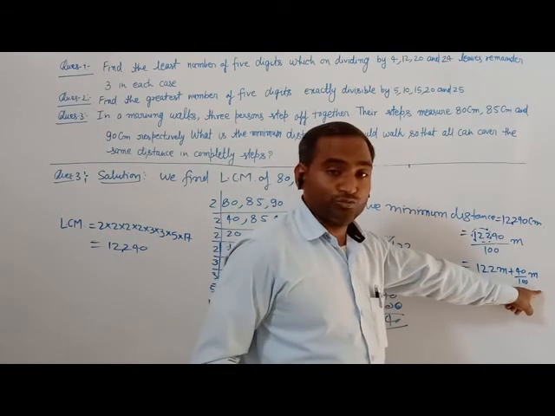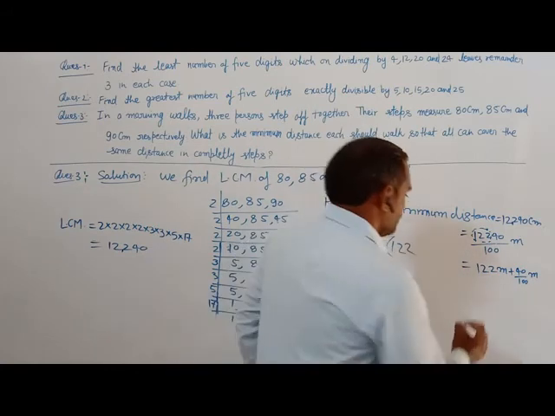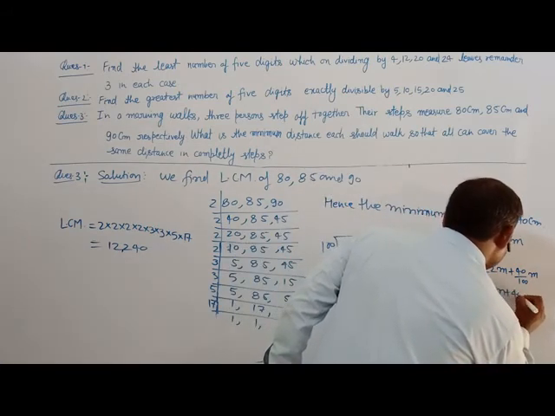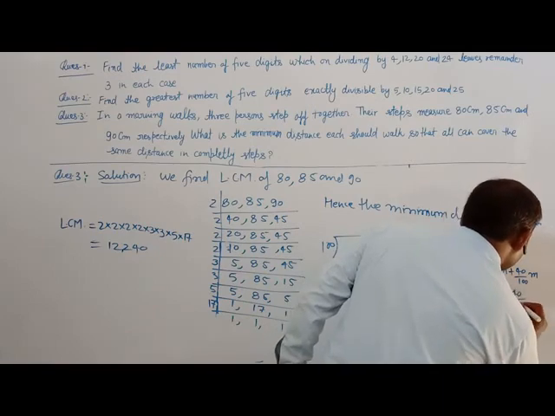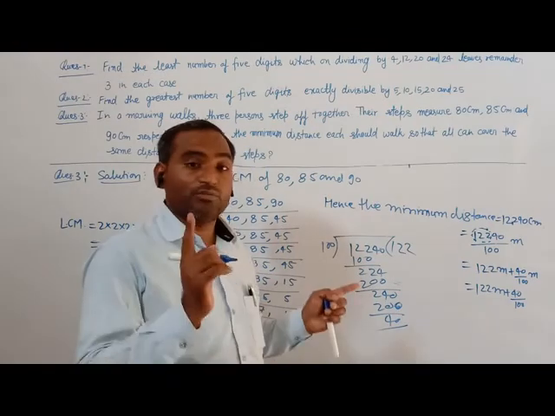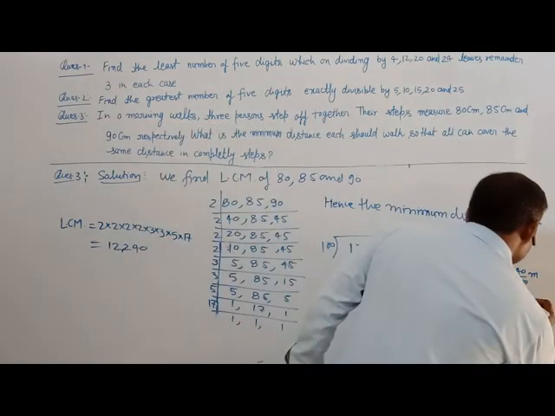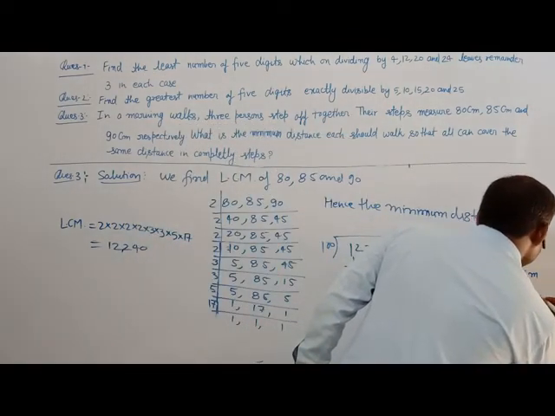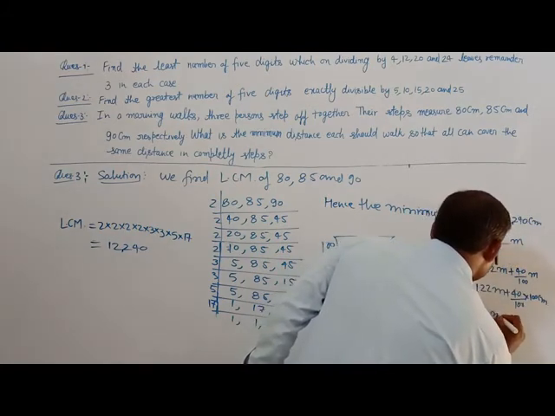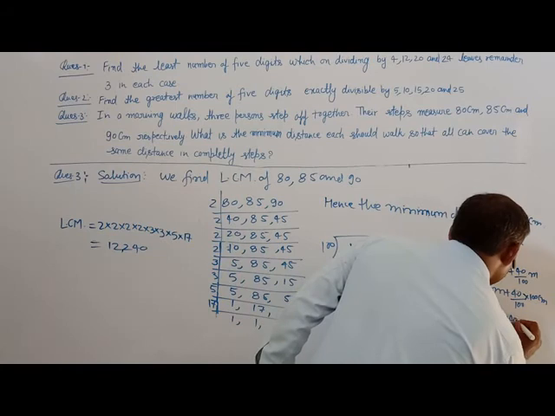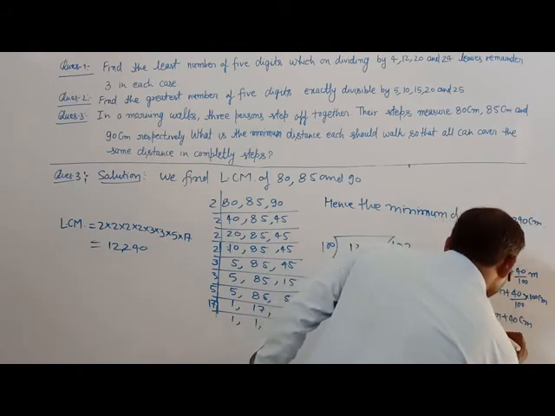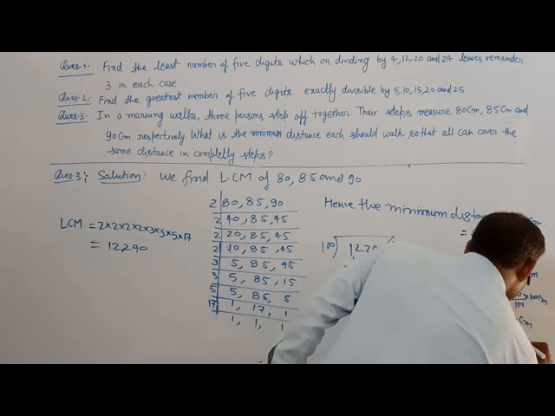When we convert meter into centimeter, we have to multiply by 100. So 122 meter plus 40 cm. So we can write 122 meter 40 centimeter.